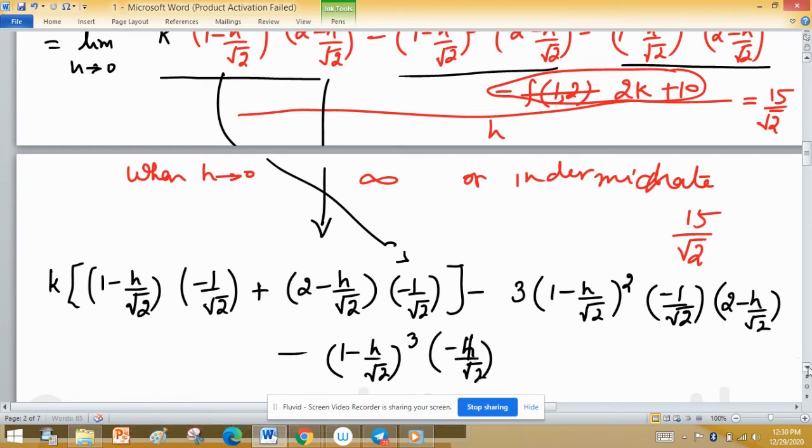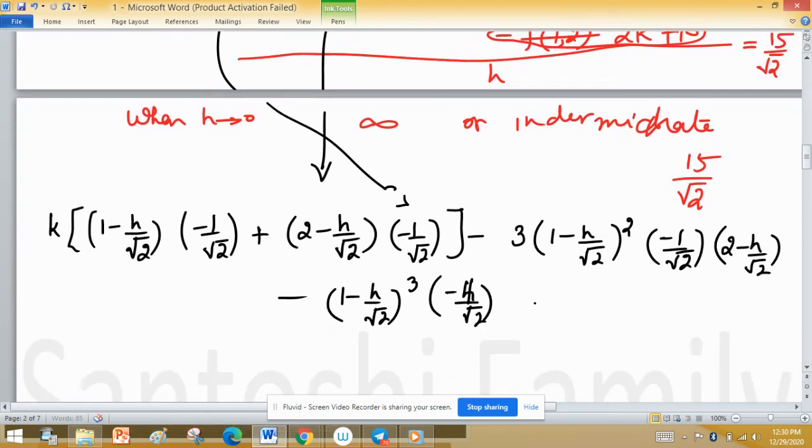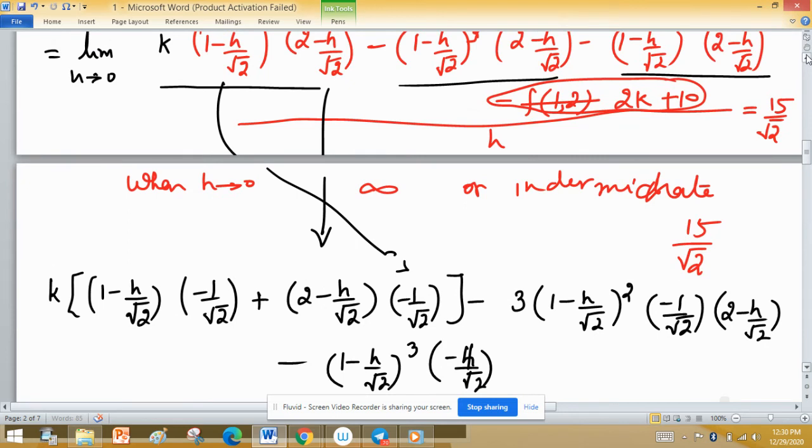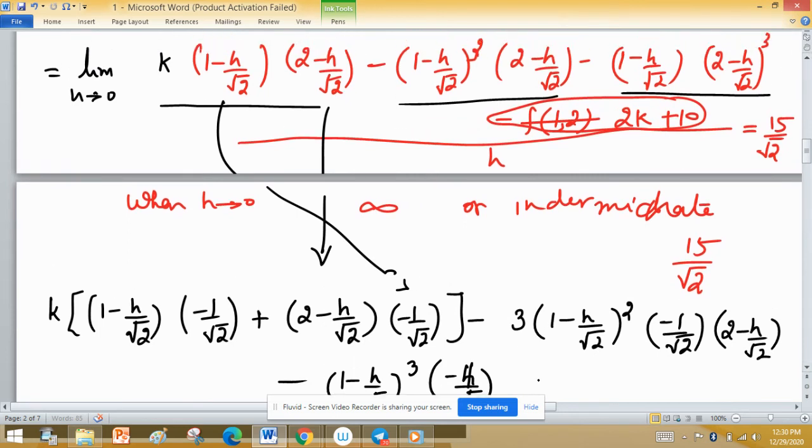Now the derivative of the second term. The second term is (1 minus h upon root 2) and (2 minus h upon root 2) whole square.